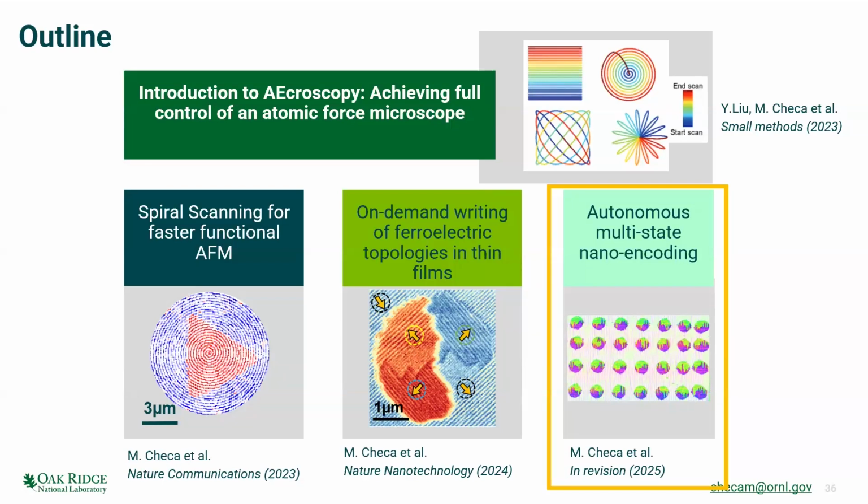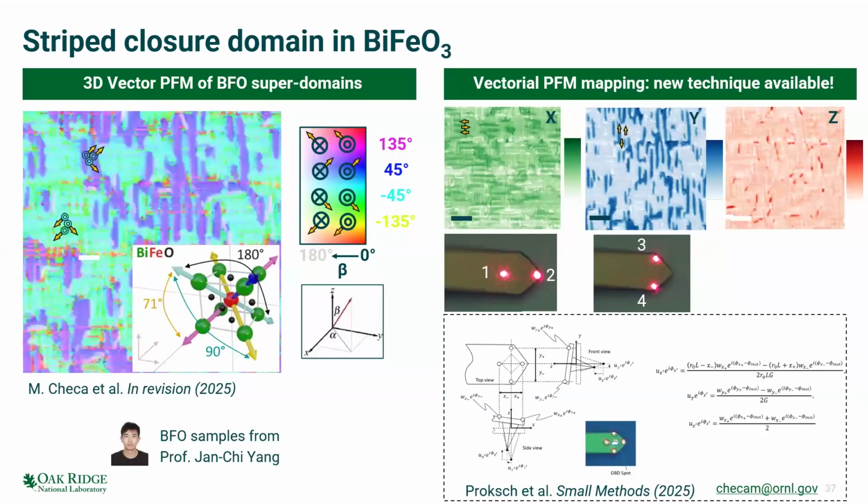I'm going to show you a possible application of this method to write ferroelectric topologies. In this case, we'll do another material. This is bismuth ferrite. The samples are from Professor Jianqi Yang from Taiwan University. And basically, that's the pristine state of the sample.